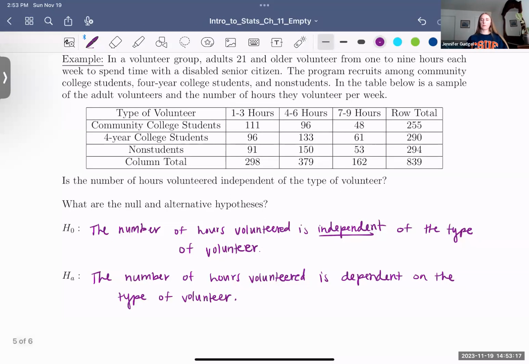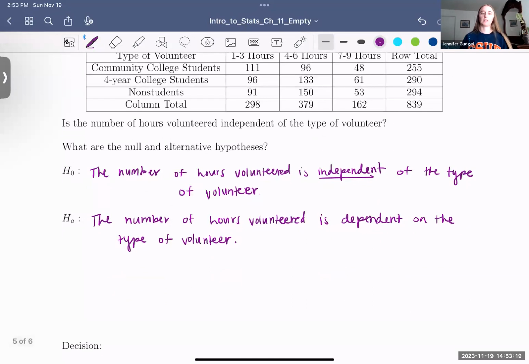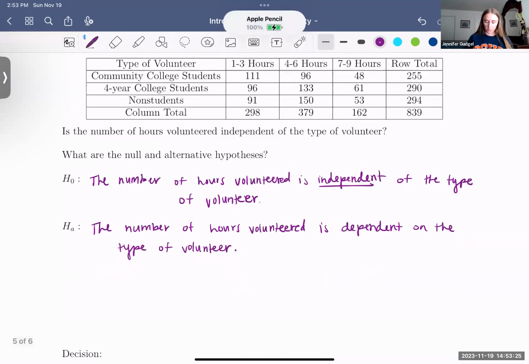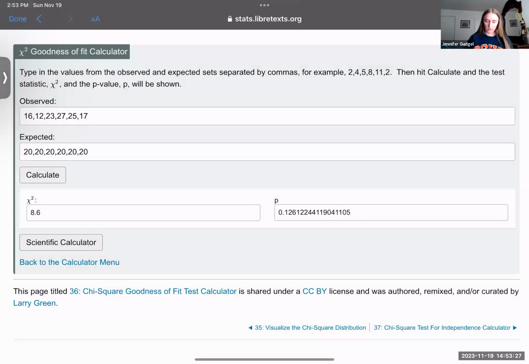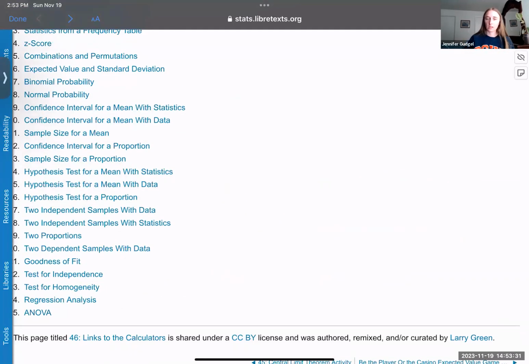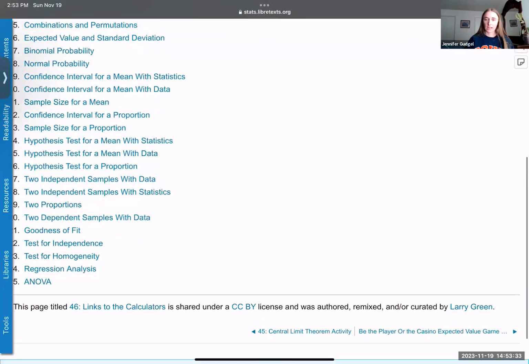All right, let's see by running a test of independence if this is significant enough to show or not. So we are going to use an online calculator to run this test, a different one. So not my goodness of fit. I'm going to go back to my whole laundry list and I'm going to go down to test for independence. That's what we're doing here.